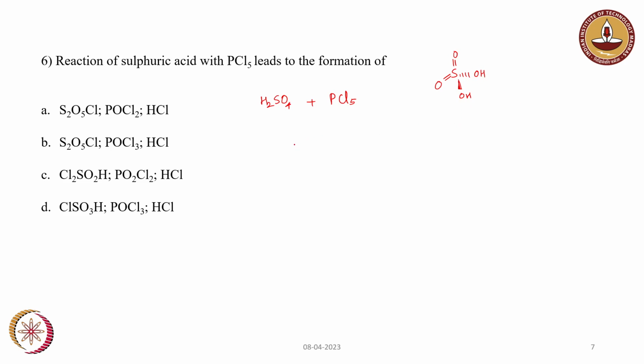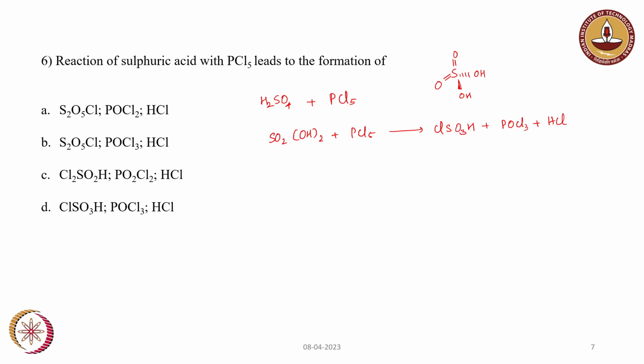So we can rewrite it as SO2(OH) twice plus PCl5 giving ClSO3H plus POCl3 plus HCl.